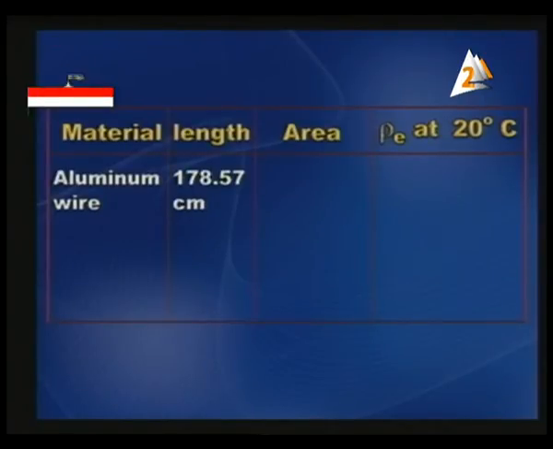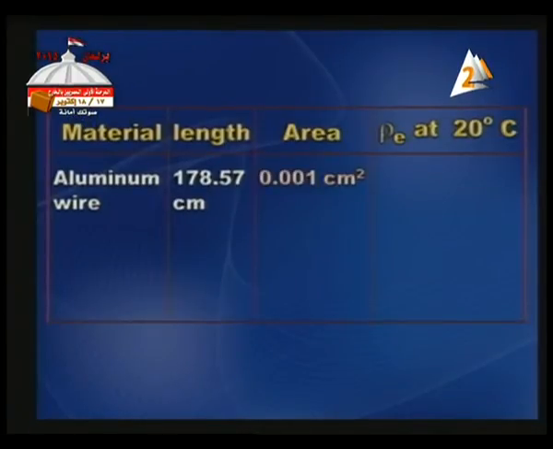Its length is 178.57 centimeter, which should be converted into meters. Area 0.001 centimeter squared, which should be converted into meter squared by multiplying by 10 power negative 4. Resistivity equals 2.8 times 10 power negative 8 ohm meter. This was about the aluminum wire.